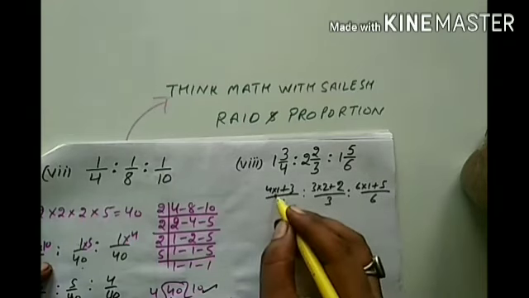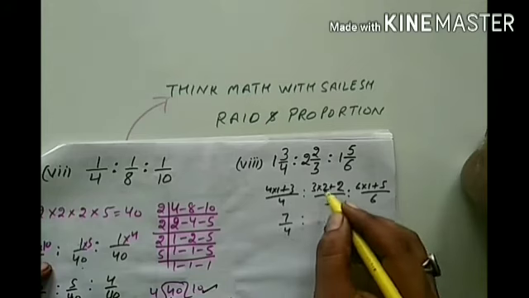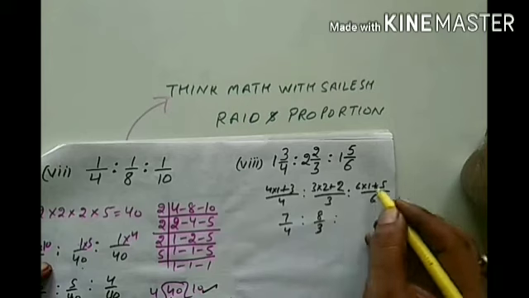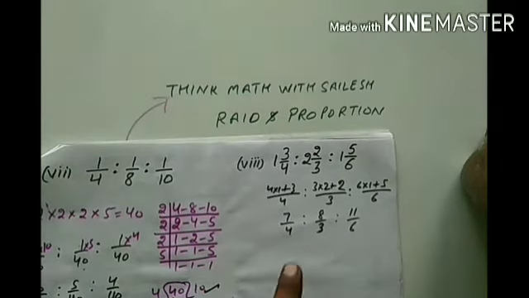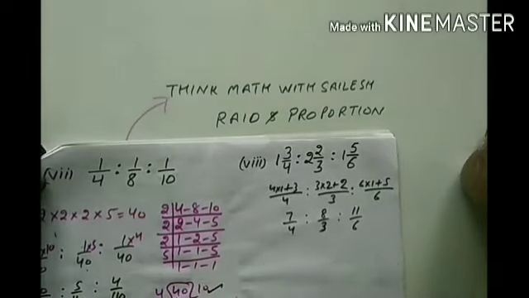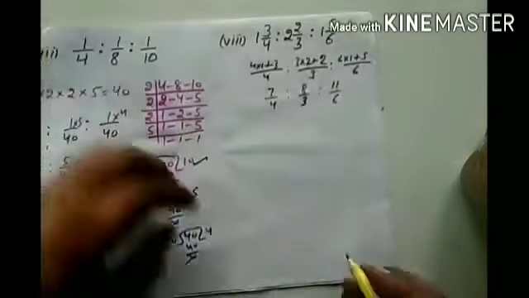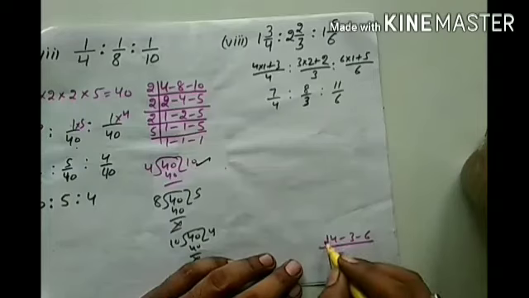4 multiply 1, 4, plus 3, 7. 7 by 4. Now 6 plus 2, that is 8 by 3. And 6 plus 5, 11, that by 6. Now you have to find the LCM of 4, 3 and 6. Let us see what is the LCM of 4, 3 and 6. Firstly, I will divide with 2.